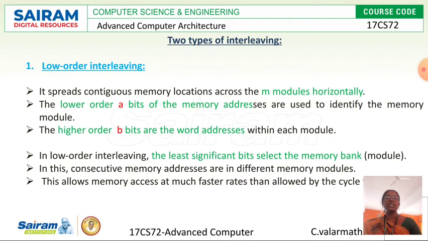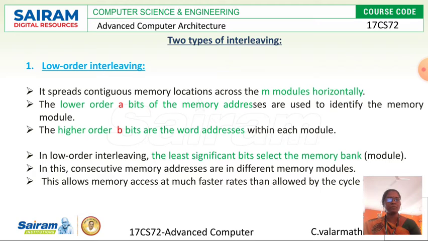The second point is that the low order a bits of the memory address are used to identify the memory module. I already said that the main memory is divided into a number of modules. The module address is represented by the low order a bits. The high order b bits are used for representing the word address.